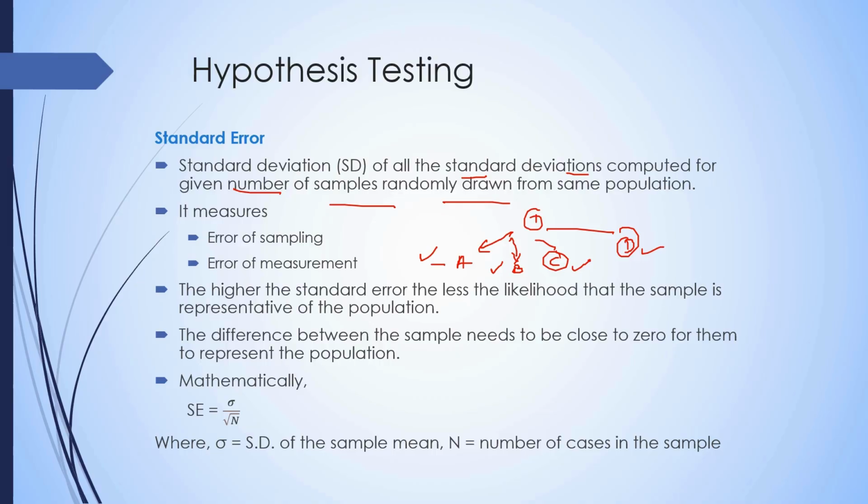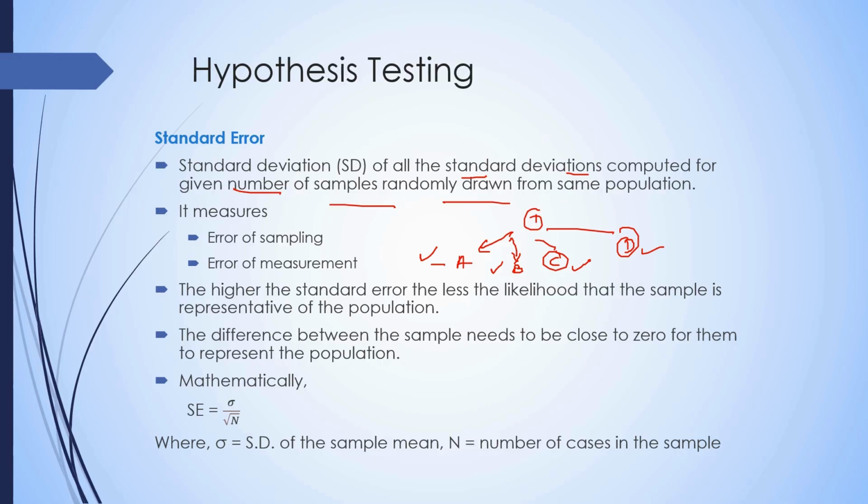Okay, and that would give you the standard error. I hope that makes it easy to understand. You are drawing multiple samples from the same population. Then you are calculating the individual standard deviations. And then you are calculating the standard deviation of all those individual standard deviations, which gives you a standard error. Okay. And what does the standard error do?